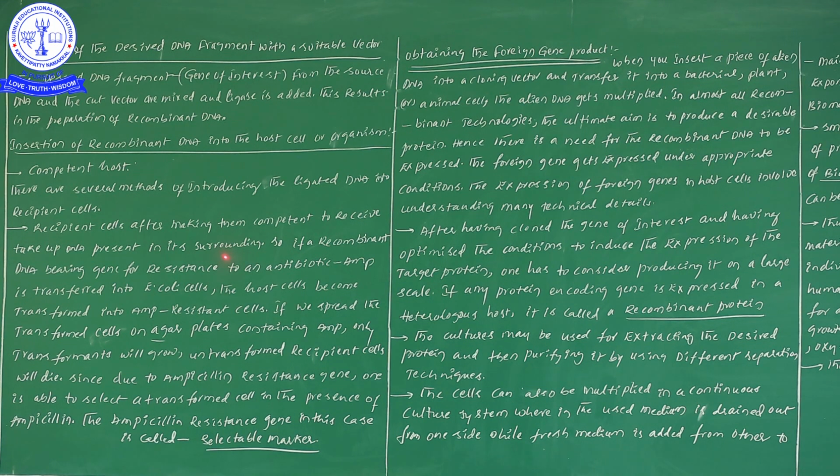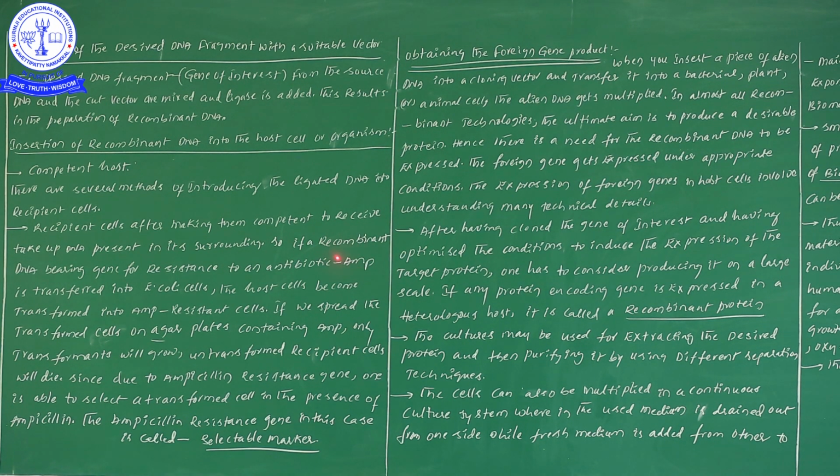Then only that particular host can receive the recombinant DNA. If a recombinant DNA bears genes for resistance to the antibiotic ampicillin, here I didn't write ampicillin completely, just AMP. AMP indicates ampicillin, try to understand like that.